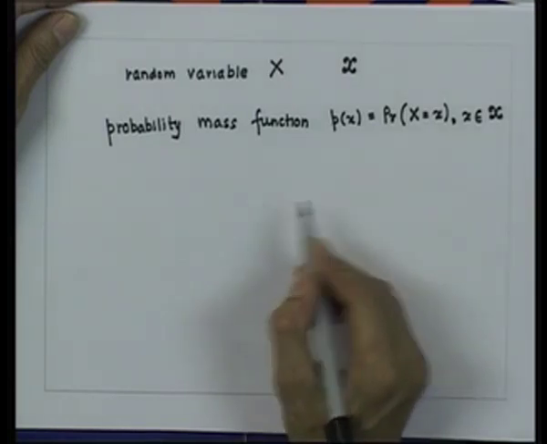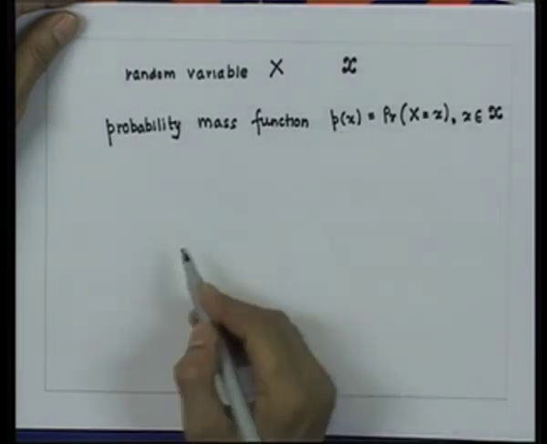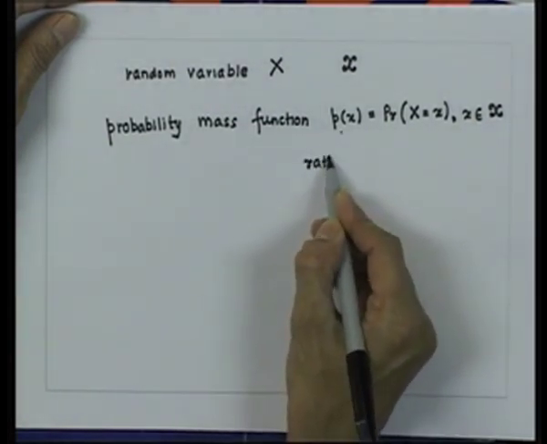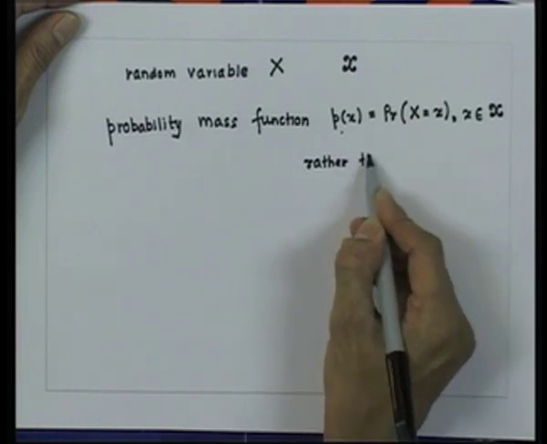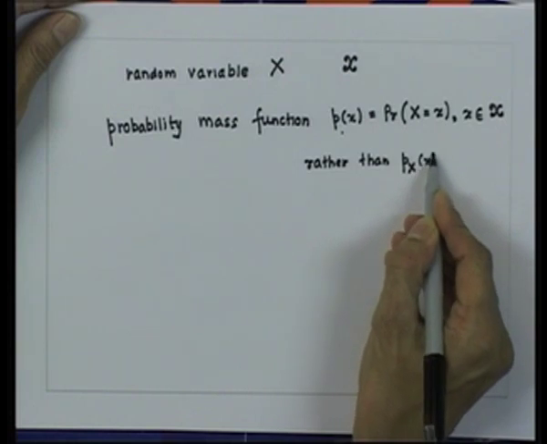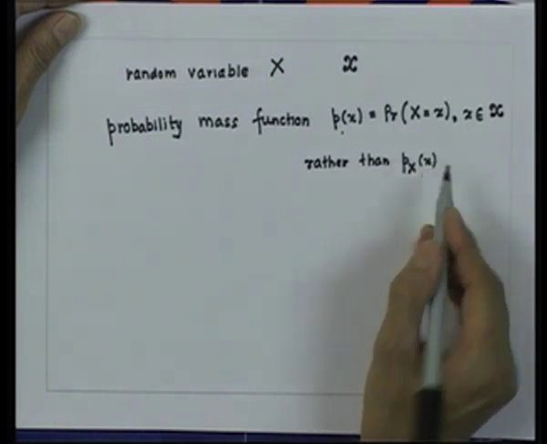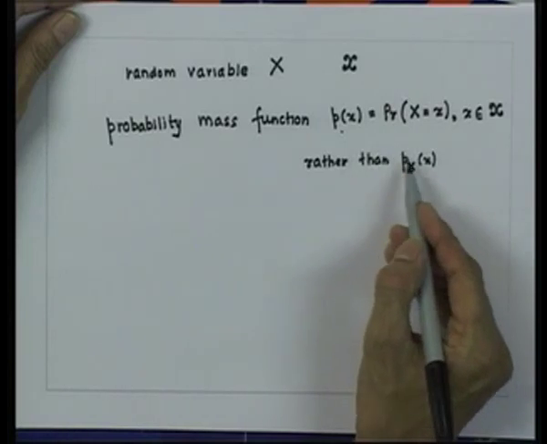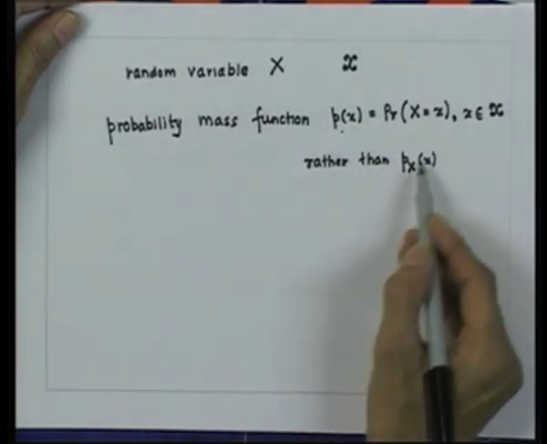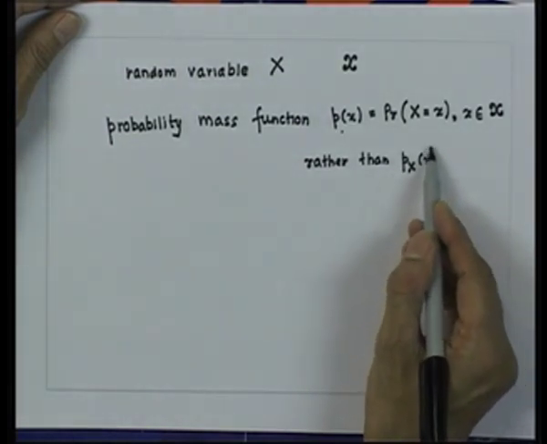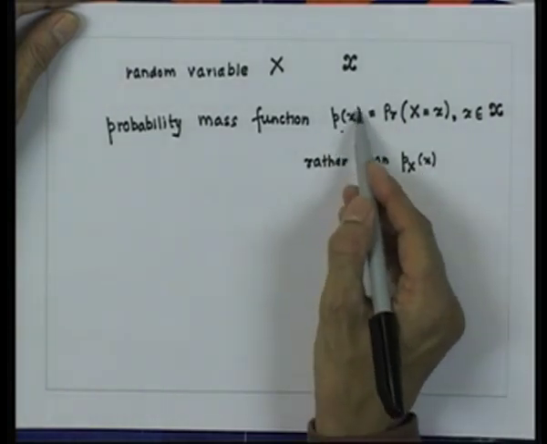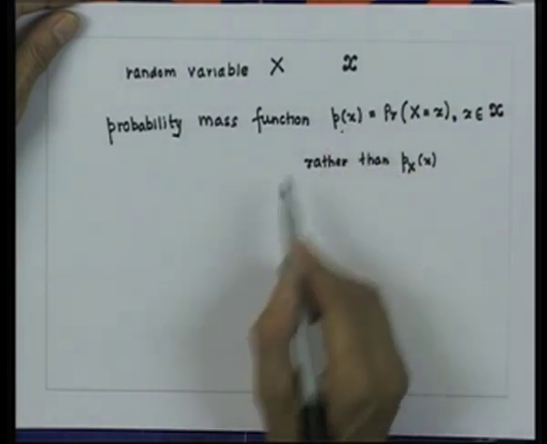And we will also denote this probability mass function by this notation just for convenience. So if you want to denote, really speaking, the probability mass function for random variable x, we should denote it by this term, but just for the sake of convenience we will denote it by a simplified form as just Px.